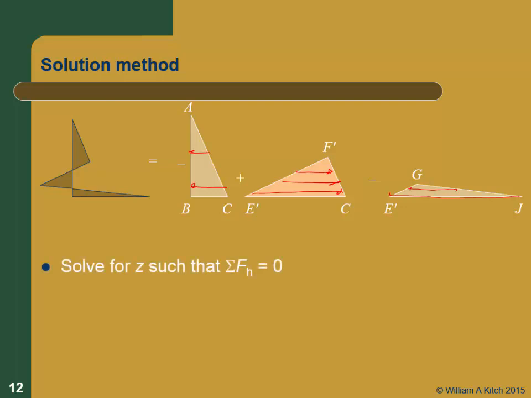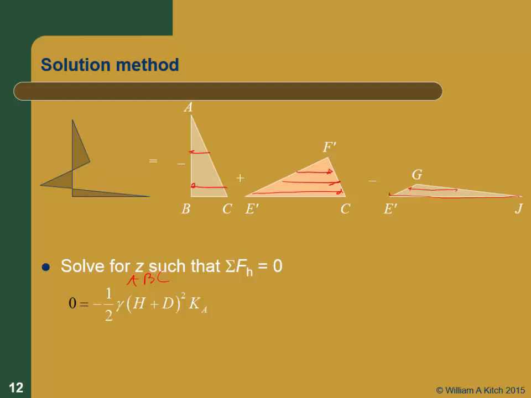So what I want to do is find Z such that the sum of the horizontal forces is equal to 0, right? Well, this is the area of the triangle ABC.